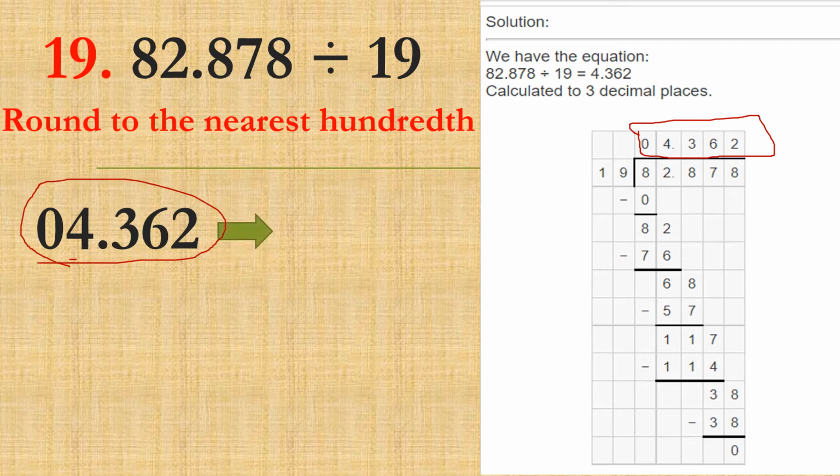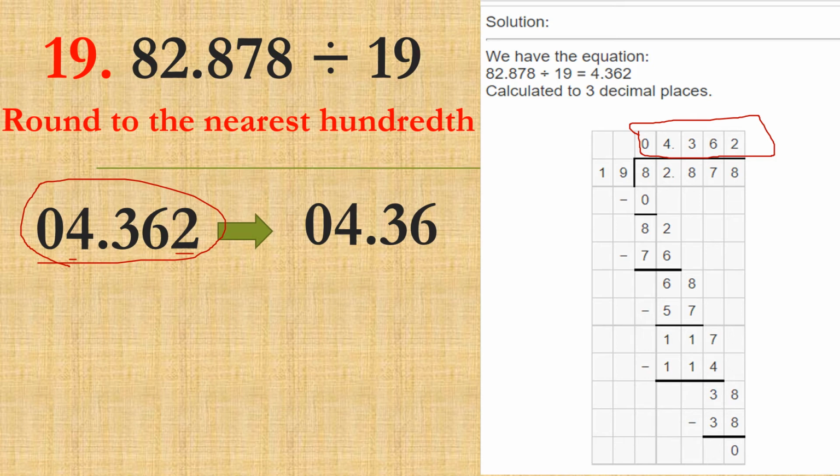So if we're going to round this one to the nearest hundredths, 4.362 will become 4.36. Why? Because this is below 5. Therefore, the numbers on the left side will remain the same.